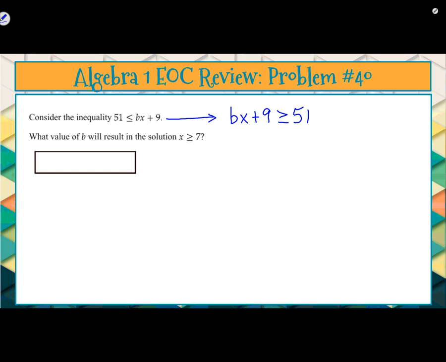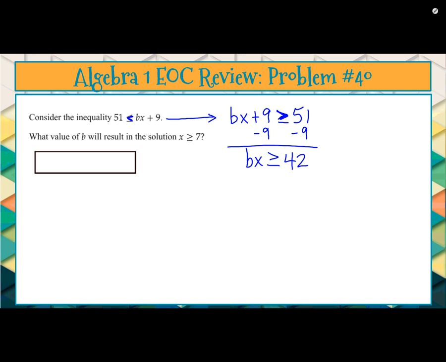Now, why did I change the sign? Well, I want it to still point to the 51. So if I don't have it still pointing to the 51, it's not going to be correct. The next thing I would do would be subtract 9. So BX is greater than or equal to 51 minus 9, which is 42.